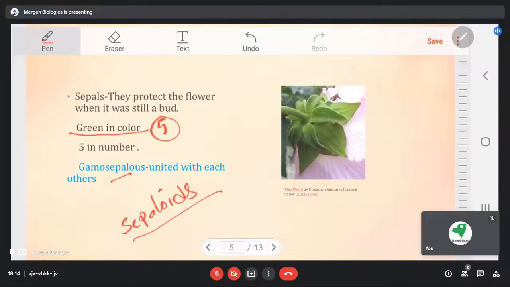But why are these sepals important and why are we studying them? Sepals are important because they protect the flower when the flower is still in bud. That means while the flower is in bud, the sepals are protecting the whole flower.